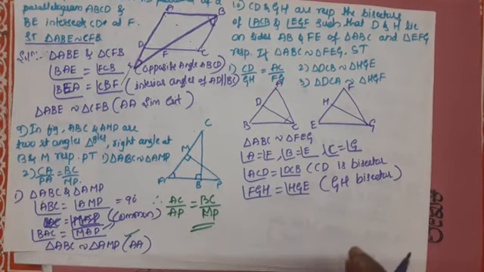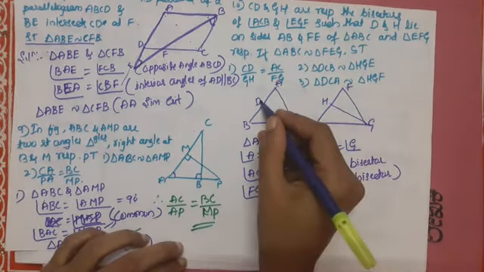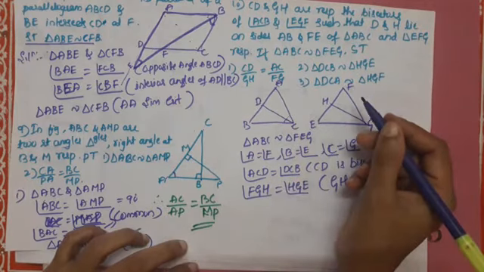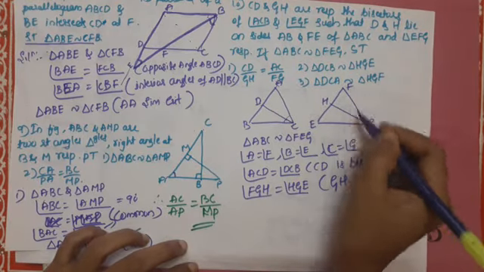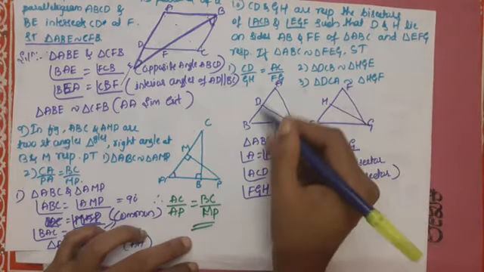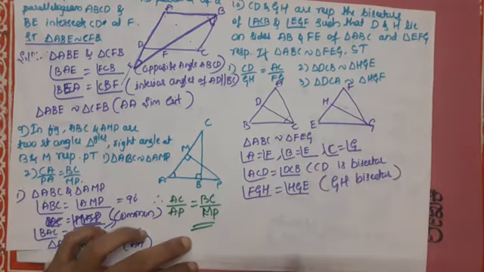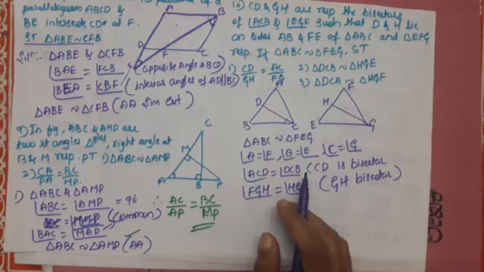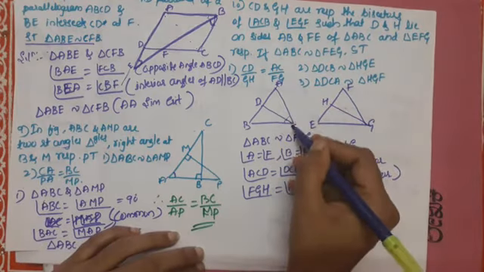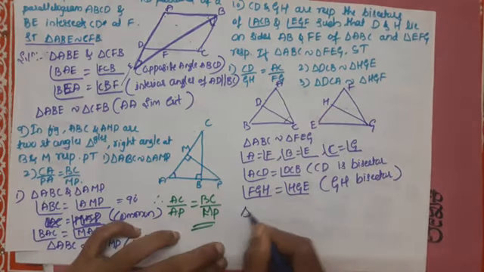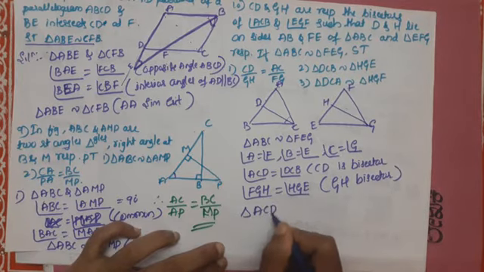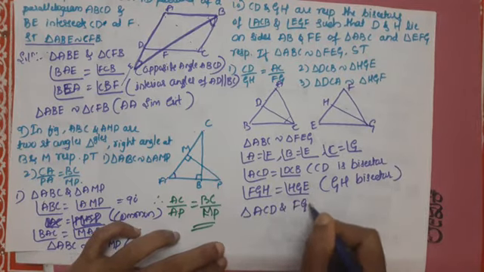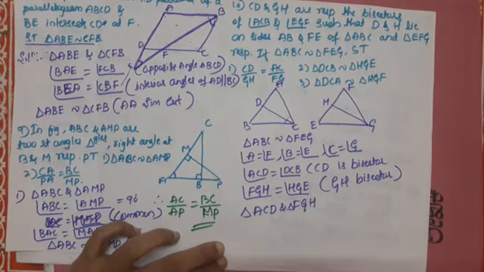Since ABC and FEG are similar, these angles are equal. So I prove it in triangle ACD and triangle FGH.